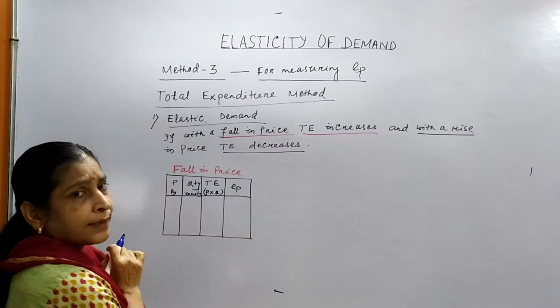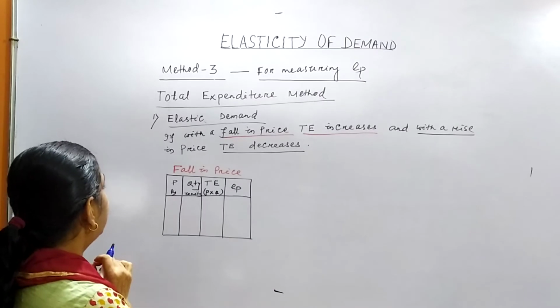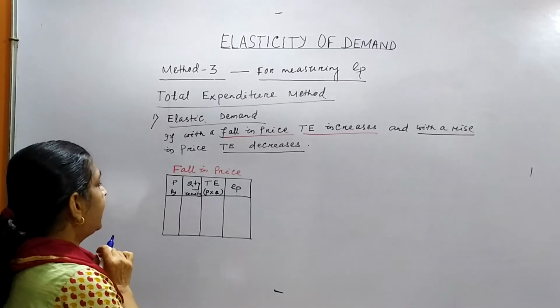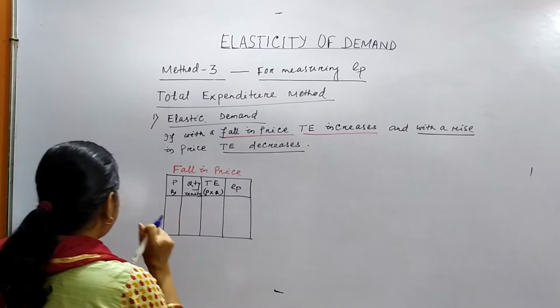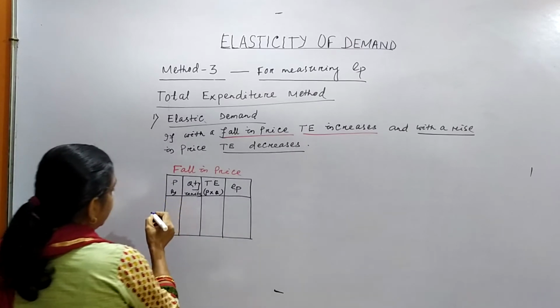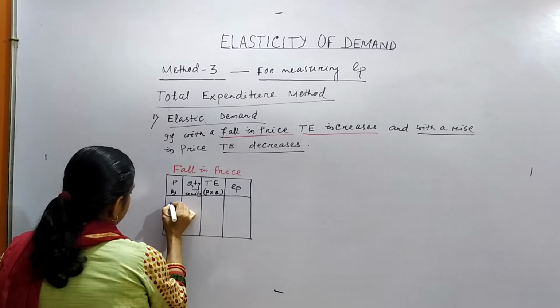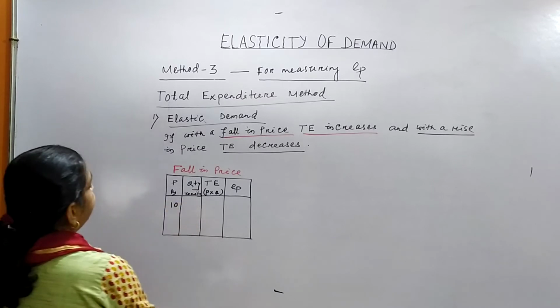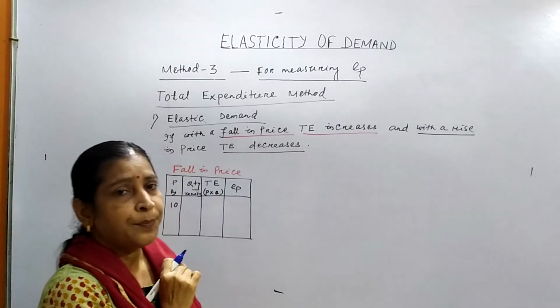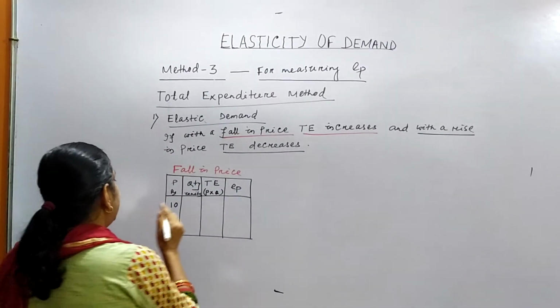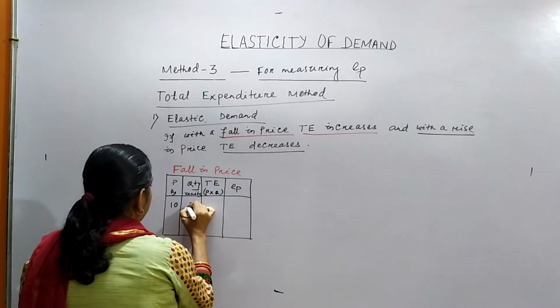Friends, now we will see what the value of EP will be in the total expenditure method with a fall in price. Suppose the initial price of a commodity is rupees 10. At this price, a consumer purchases 2 units.